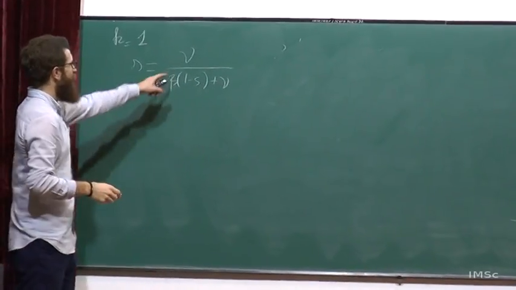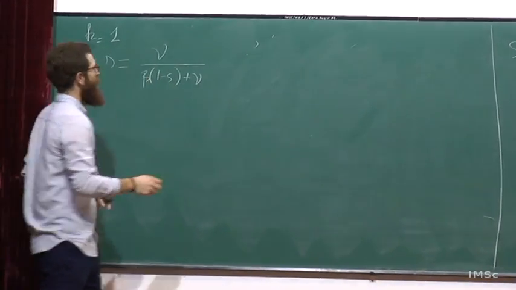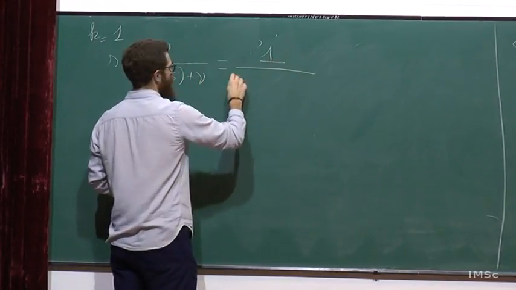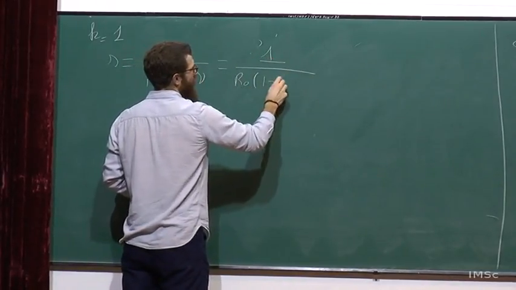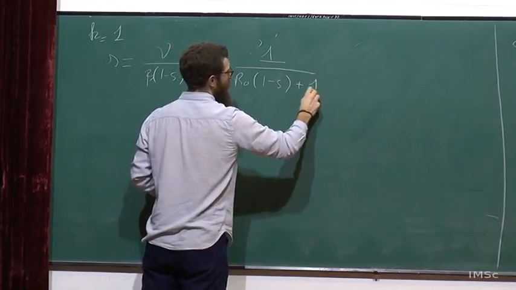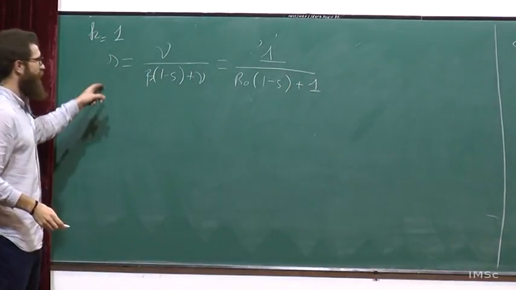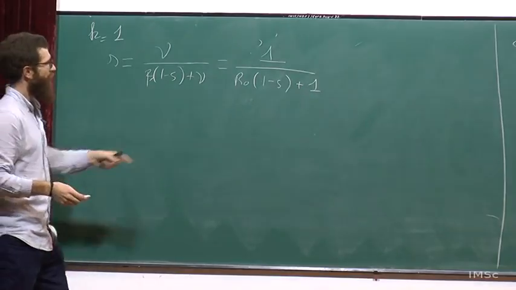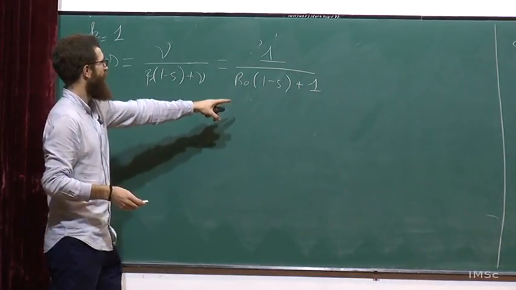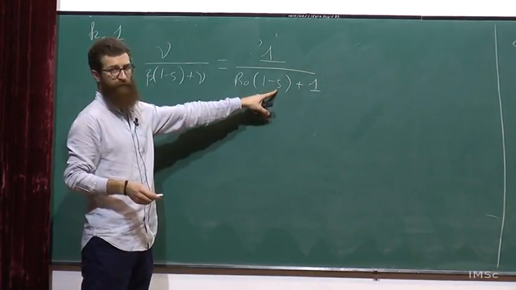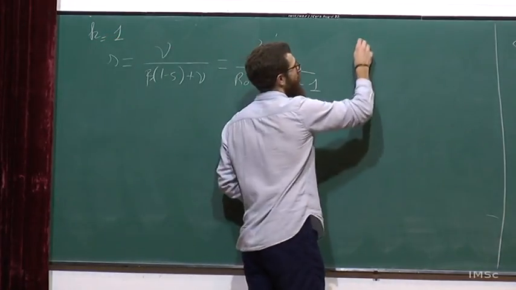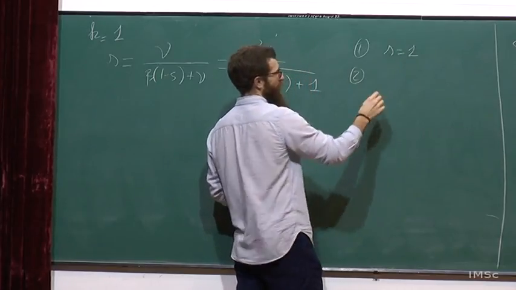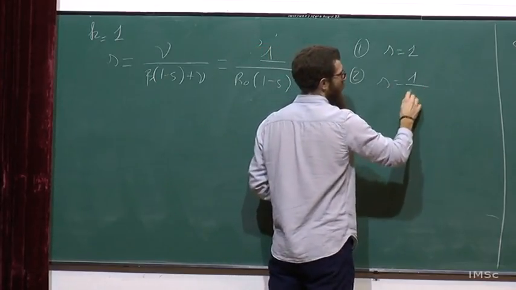And if you divide by mu both sides, it is equal to R naught 1 minus s plus 1. And so this is a polynomial equation of degree 2, but there are two simple solutions. The first one is s equal to 1. And the second solution is s equal to 1 over R naught.